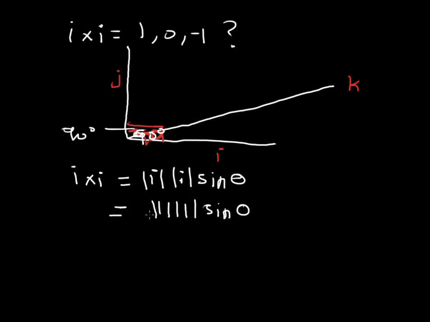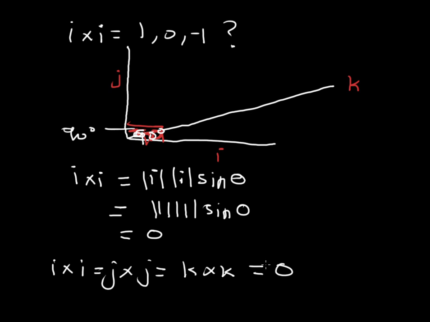Hope you've got that. Since the angle is 0, sine 0 is equal to 0. Therefore, I cross I is equal to 0. The same also applies for J cross J and K cross K, right? So we've derived that this is equal to 0.